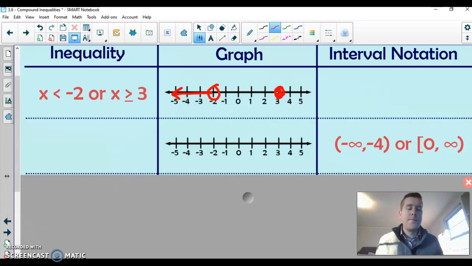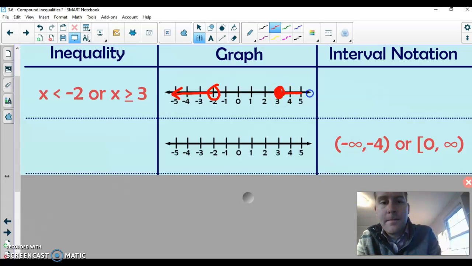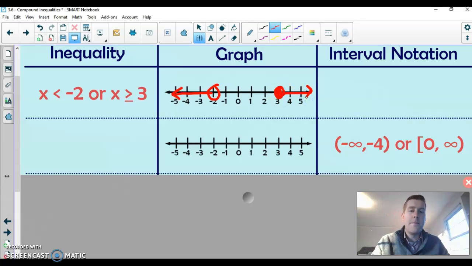That's a little bit better. Again, that's the key thing, folks. If the inequality is not equal to, we use an open circle. If it is equal to, we fill that circle in. And then x is greater than or equal to 3, so all numbers that are bigger than 3, so I'm going to go to the right. There we go. So that's how we graph an inequality.